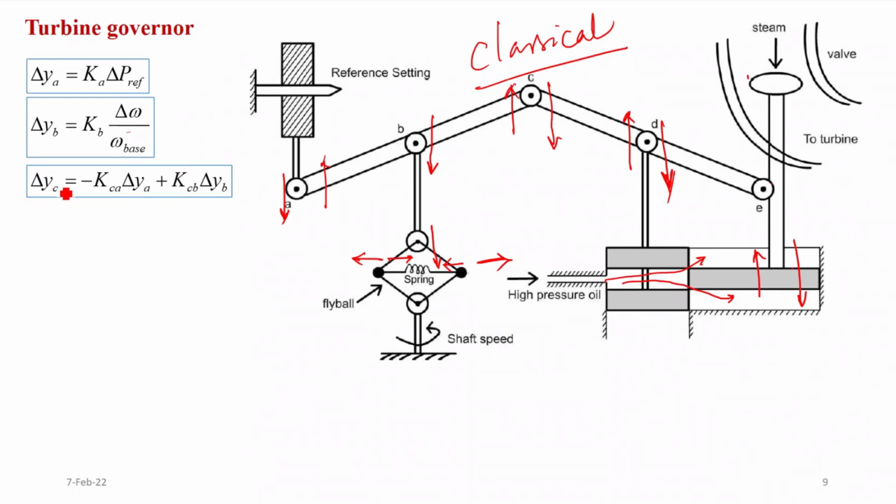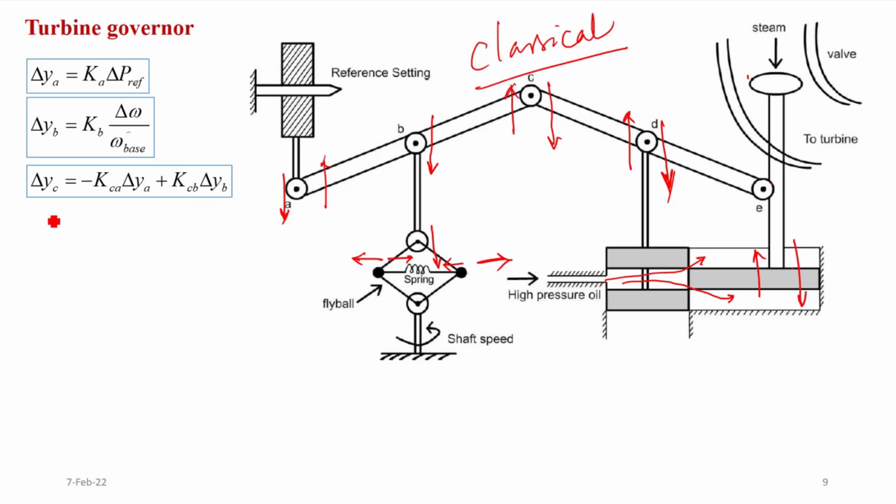So therefore, I can write delta YC. This incremental change happens because of the opposing incremental change in A. So therefore I can write minus of Kca into delta YA. And the impact of point B on point C, I can see it is proportional, right? It is not in reverse order. So therefore I can write plus of Kcb into delta YB.